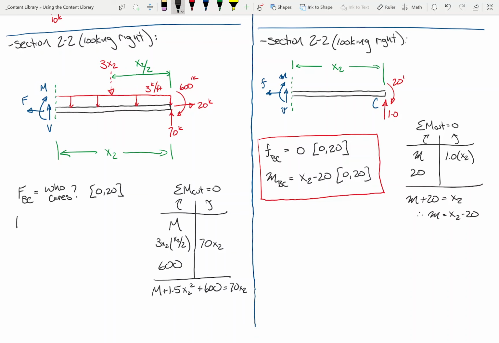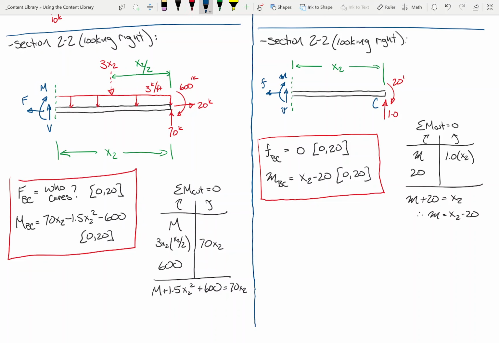So therefore, how do we want to write this? Maybe we'll write it as 70x2 minus 1.5 x2 squared minus 600. Is that fair?